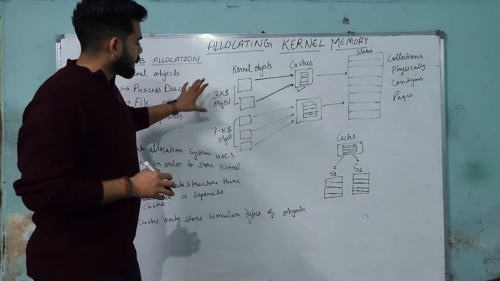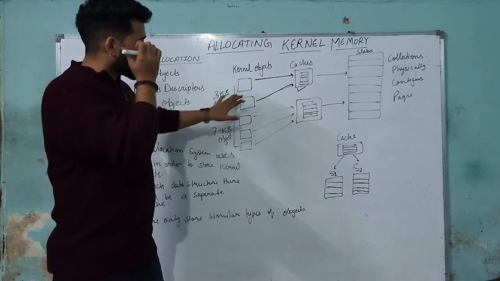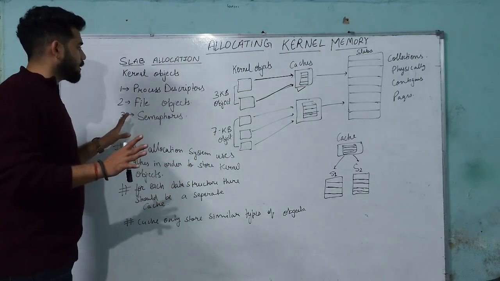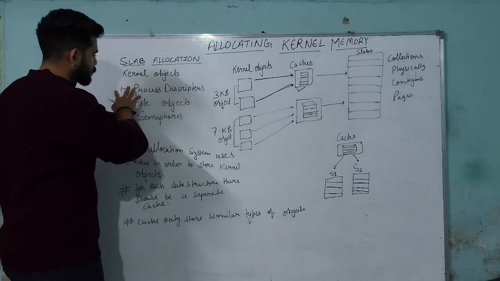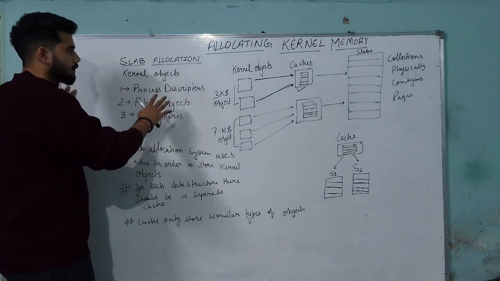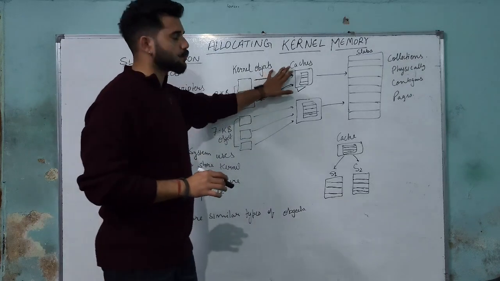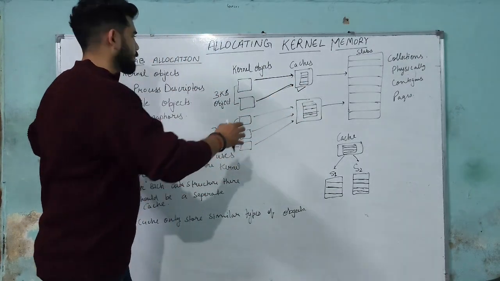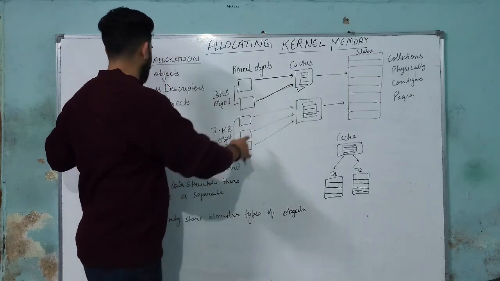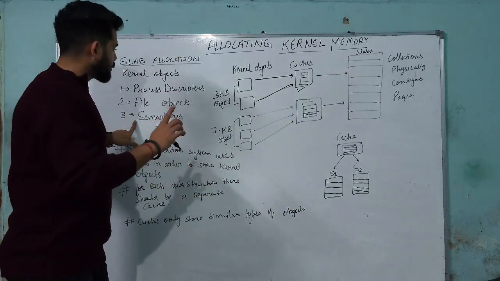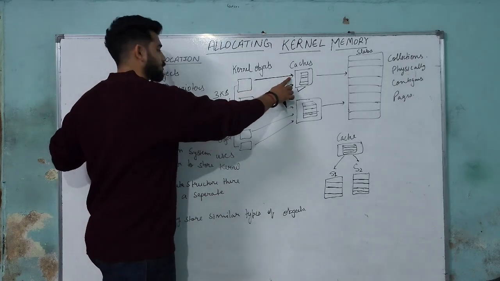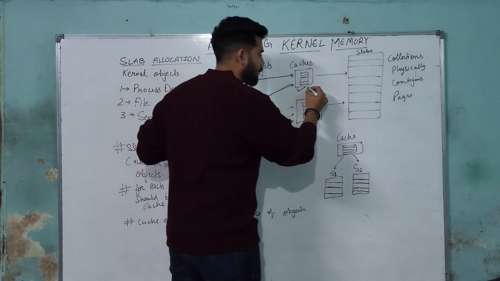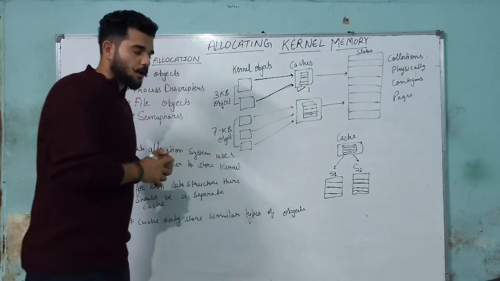Okay. And now how does a cache store the objects? A cache is going to store similar objects. It is not going to store process descriptors, file objects and semaphores all together. It is only going to store either a process descriptor or a file object or a semaphore. One cache only stores one type of data object.